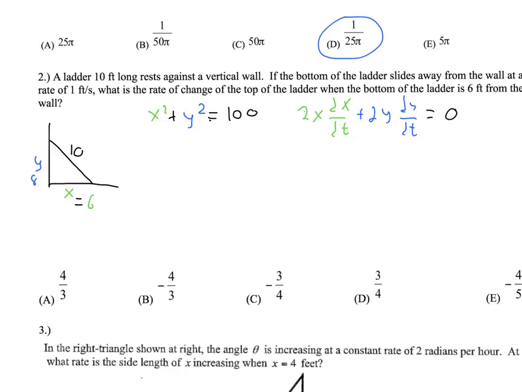The bottom of the ladder, dx/dt, is sliding away at a rate of 1 feet per second, and we're looking for how fast it's sliding down. So we're looking for dy/dt.